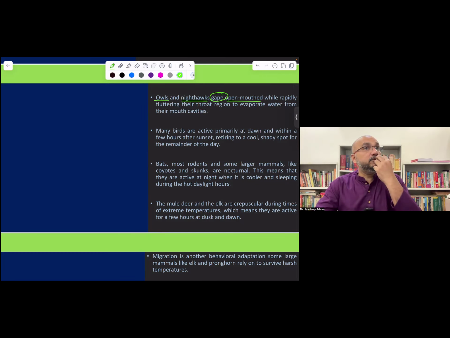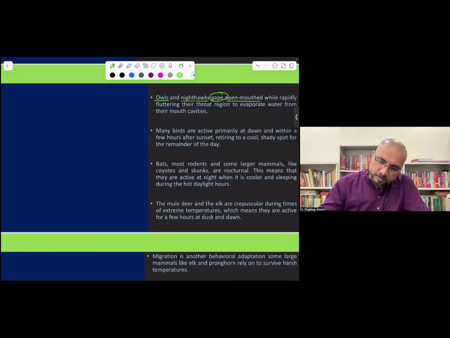So they keep their mouth open so that the moisture from the mouth cavity or whatever space is there can directly evaporate. So they gape open mouth while rapidly fluttering their throat region to evaporate the water from their mouth cavities.